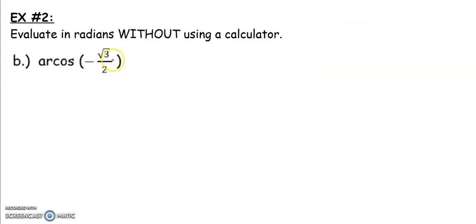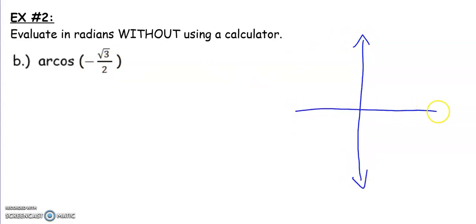Arccosine is saying the same thing as inverse cosine. So if we are looking at our unit circle, negative radical 3 over 2, goodness, the point we're looking at has x value negative radical 3 over 2.